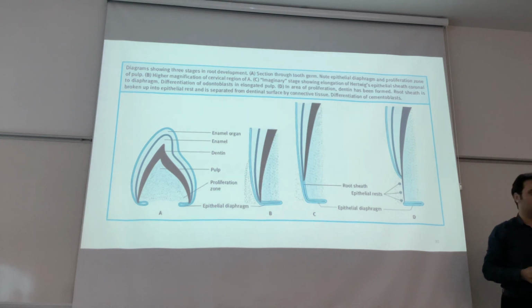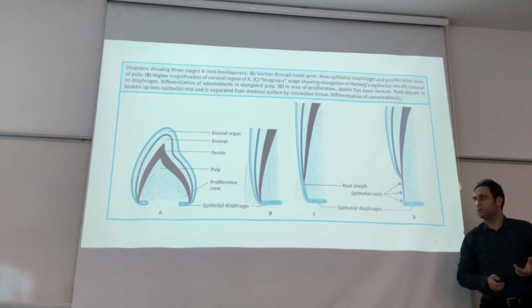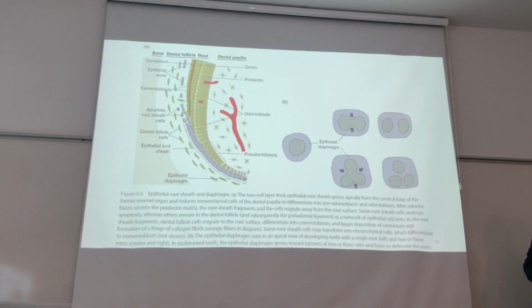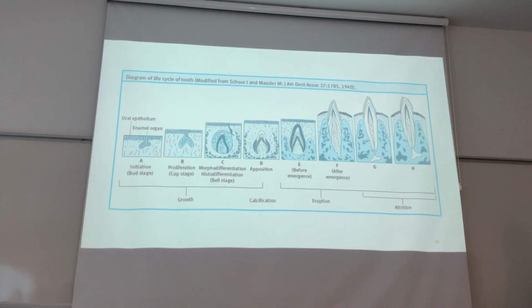You know the apical foramen? What is the apical foramen? This is our tooth. We talked about this part, and as you can see here, we have the half area, and this part is our hole. Two ends of epithelium or Hertwig's sheath go close and near to each other.